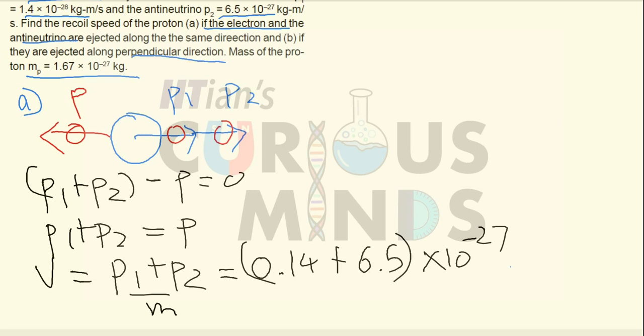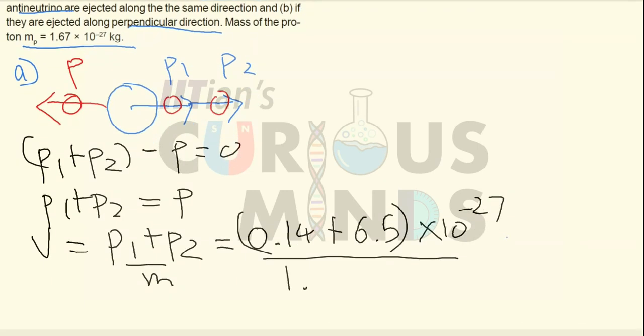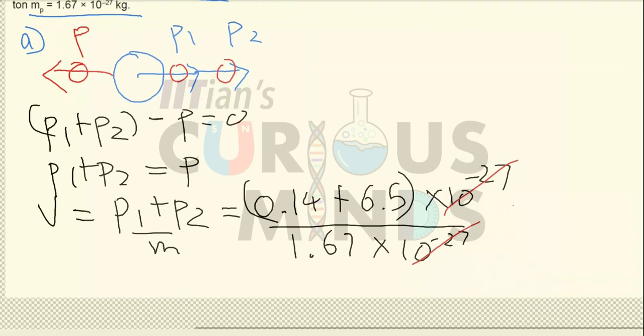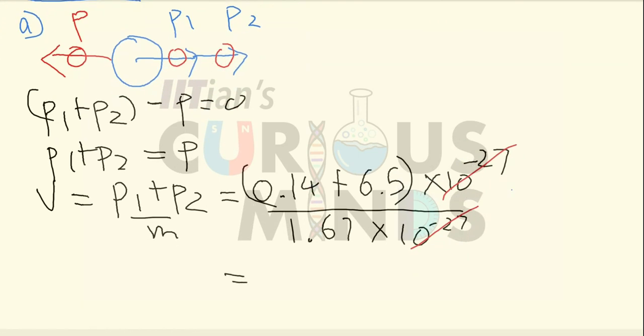So I will take 10^-27 common. The mass of the proton is given as 1.67 × 10^-27. You can clearly see that this part will get cancelled out.